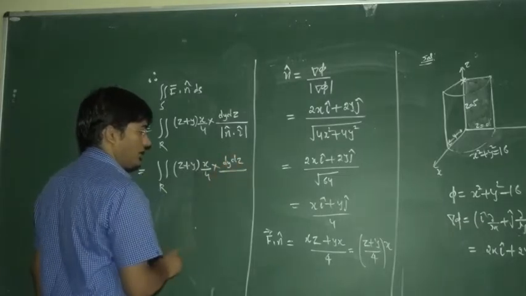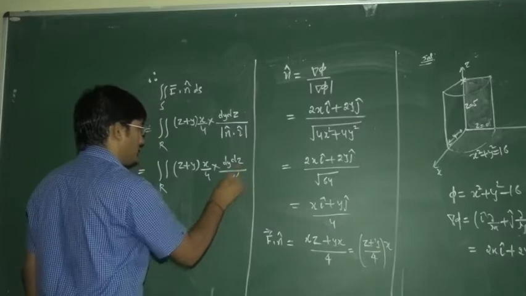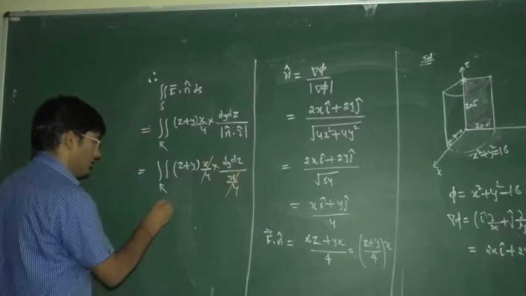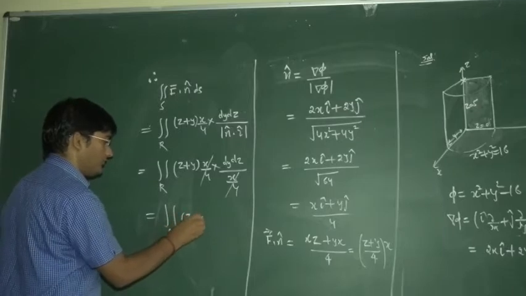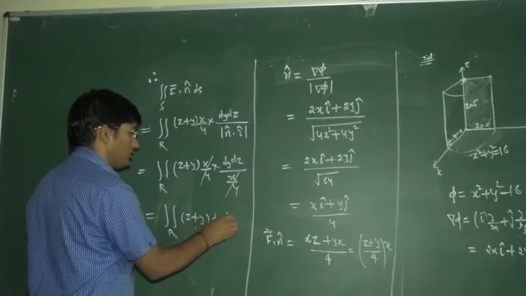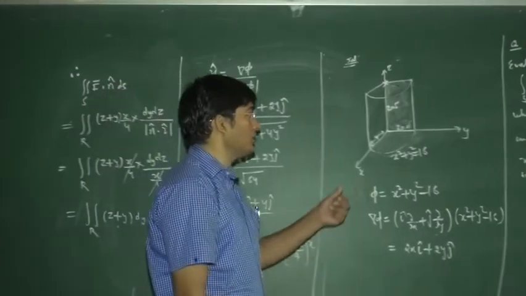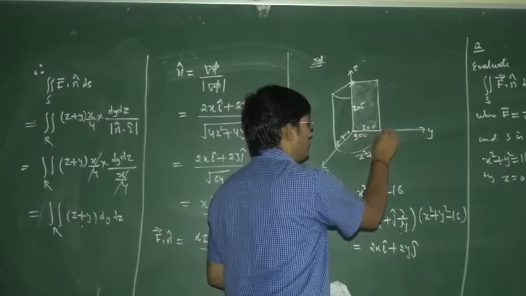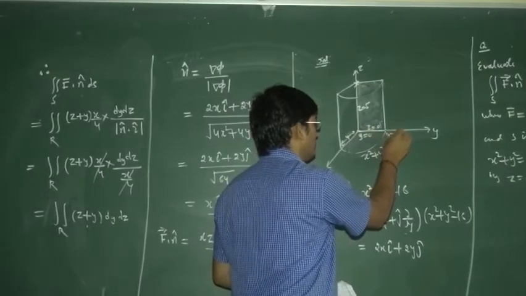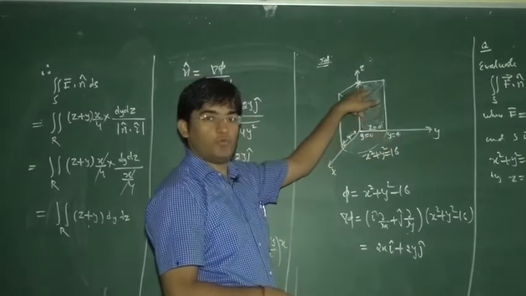Now your n dot i will be x upon 4. So we have this x upon 4, so it is cancelled. So here we have the double integral of (z plus y) dy dz. Now please note that here we have y equal to 0 to y equal to 4, and your z is from 0 to 5.